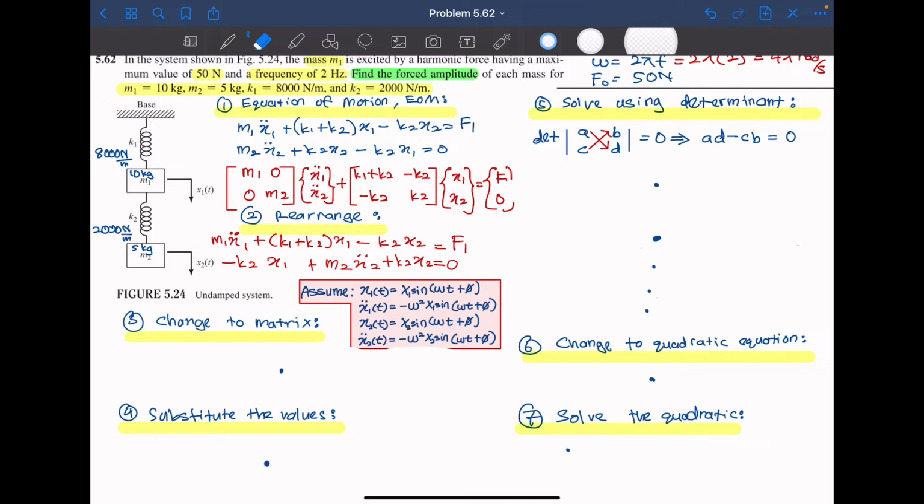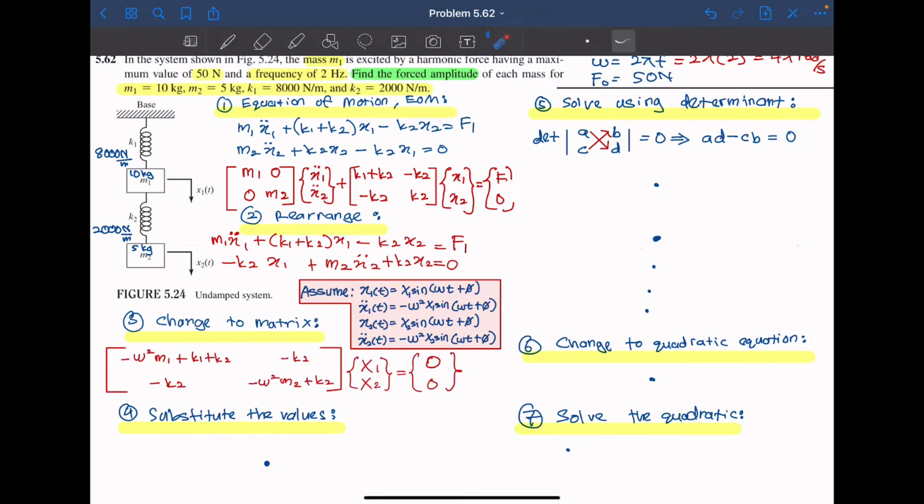And then like always, from the previous questions, once we've rearranged, we can straight away change to matrix, like my way of teaching last time. Whatever is with x double dot, you'll get negative omega square.